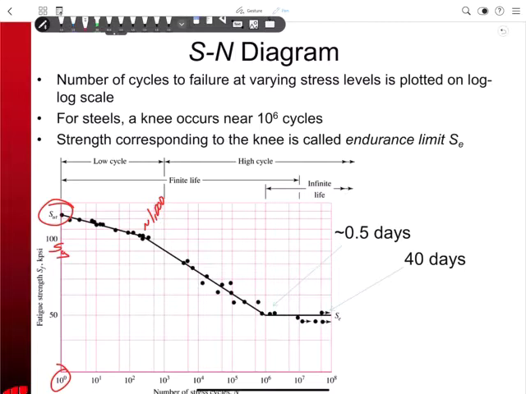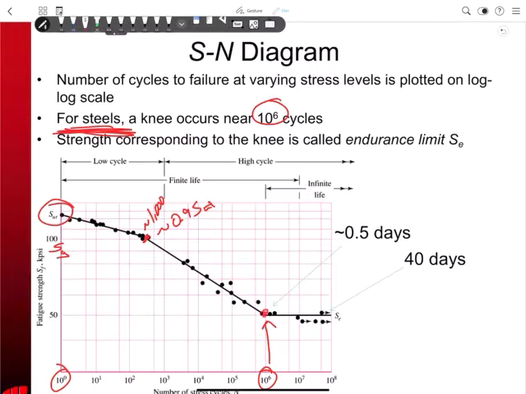Now, something really cool happens, and this is for steel, right? For steel, very important. At 10 to the 6th cycles, so right here, right, 10 to the 6th, it kind of flattens out. What does that mean? So at roughly 90%, so this is approximately 0.9 times SUT, roughly 90%, right? We get this linear region from 1,000 cycles at 90% down to 1,000,000 cycles at a half.